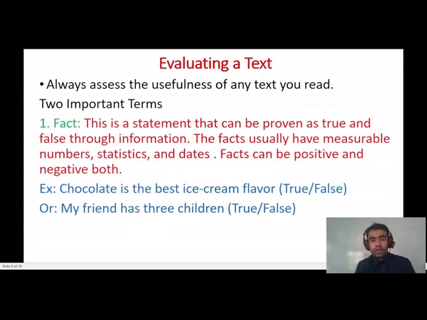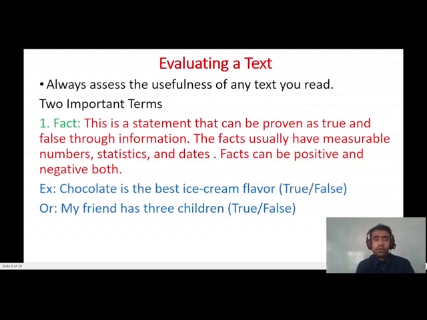There are two things usually we are dealing with in writing. Those can be fact and opinion. So let's see what a fact is. This is a statement that can be proven as true or false through information. Facts usually have measurable numbers, statistics, and dates. Facts can be positive and negative, both.